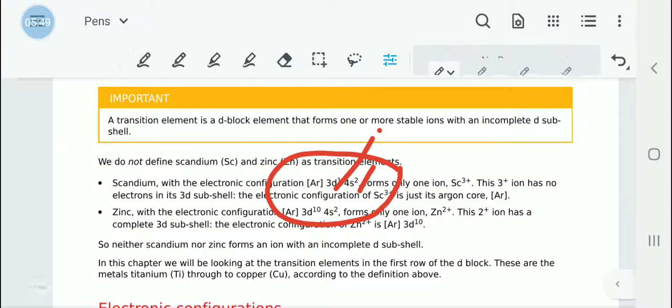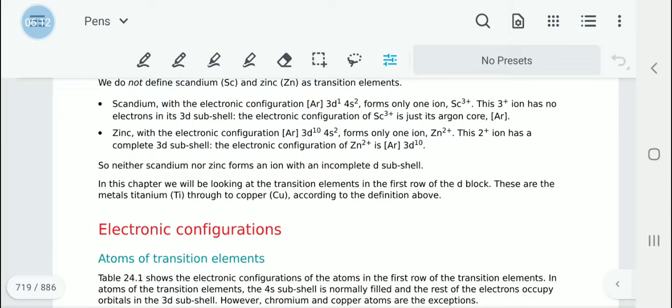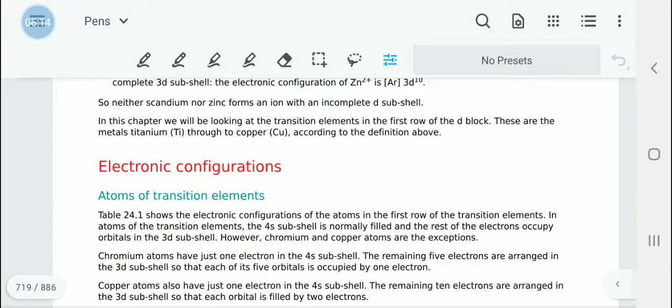Then zinc has the configuration of argon, 3d10 4s2. Because it produces 2+ ions, the 4s2 goes away and 3d10 remains. 3d10 is filled. So as a result, because we do not have an incomplete d subshell, it is not a transition element.